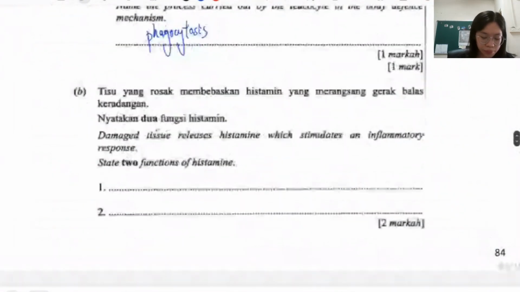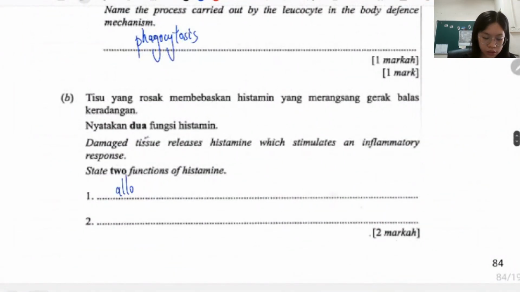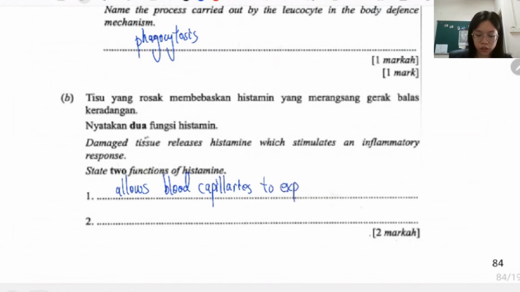Allows blood capillaries to expand. So it allows blood capillaries to expand. And this blood capillary, they actually have pores in the blood capillary.